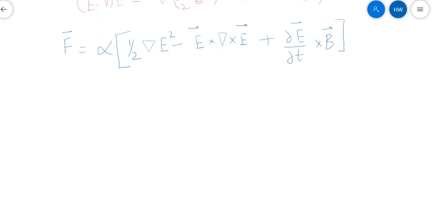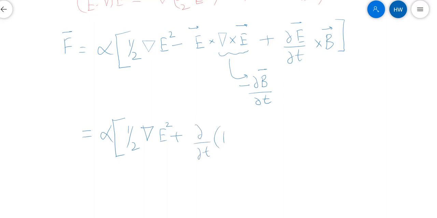Now I clearly recognize that my del cross E from Maxwell's equation is simply minus dou B by dou t. So putting that in, what we get back is our full expression, which is half gradient of E square plus dou by dou t of E cross B. You will clearly recognize that this quantity divided by mu naught is basically the Poynting vector.